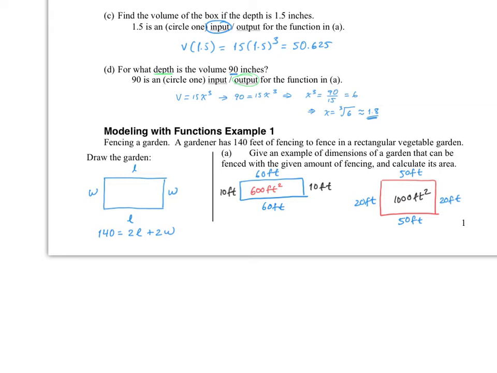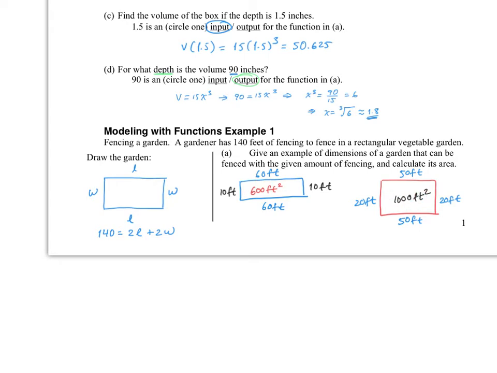Notice, and this is very important for what we're going to do in the next page, that both of them use 140 feet of fence. But if you do this garden, you can only put 600 feet square, while if you do this one, you can put 1,000. So this one has a lot more area than this one.